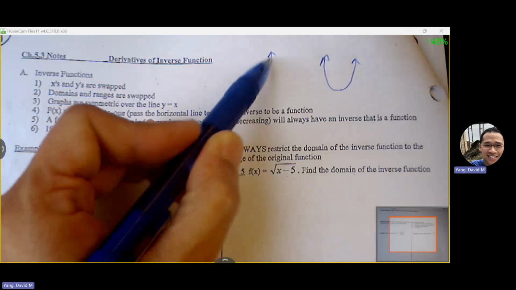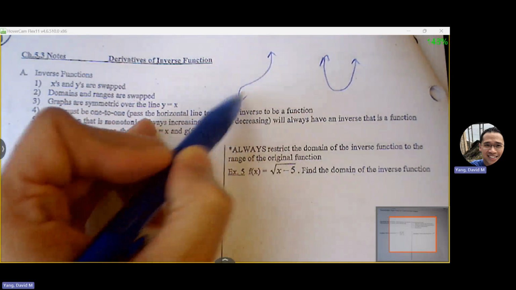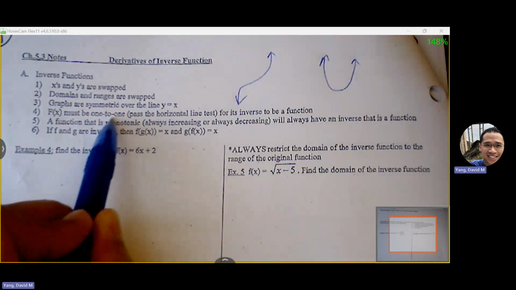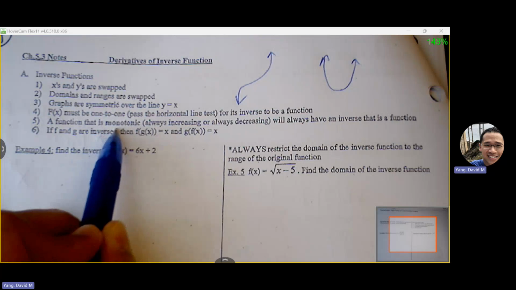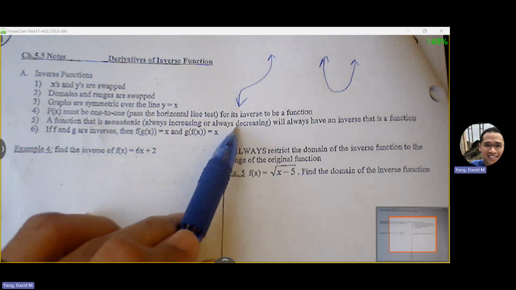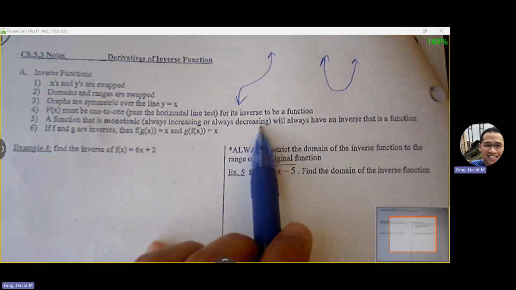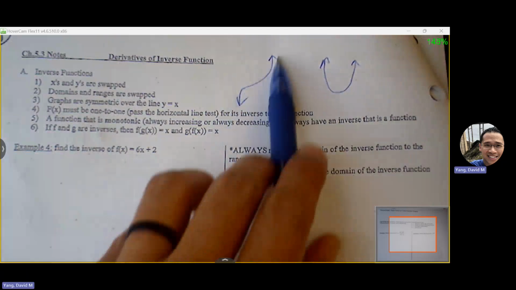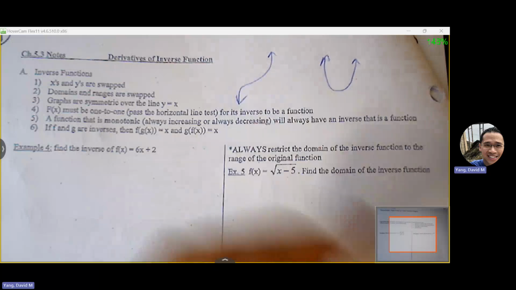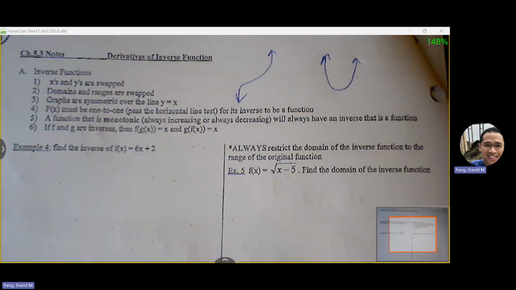But if a graph is always increasing or always decreasing, it will pass the horizontal line test, which means that its inverse will be a function.